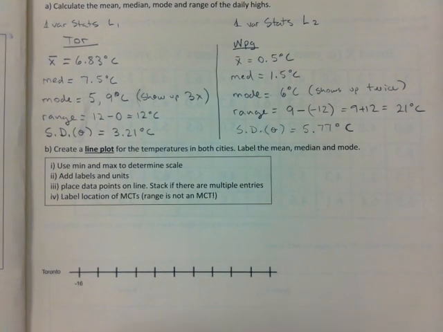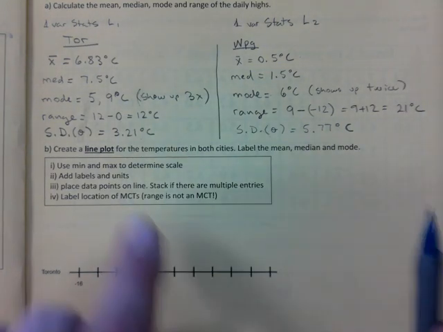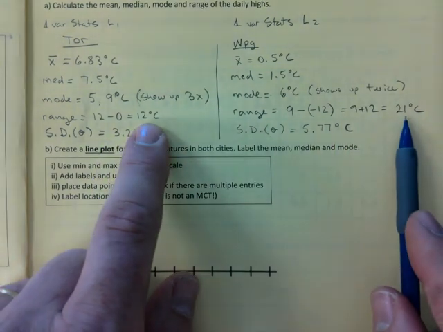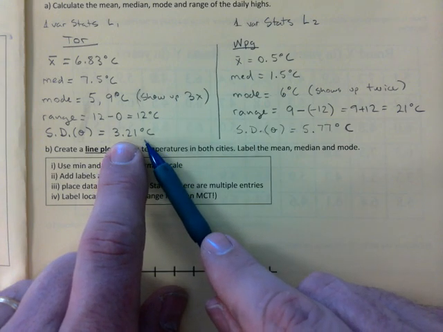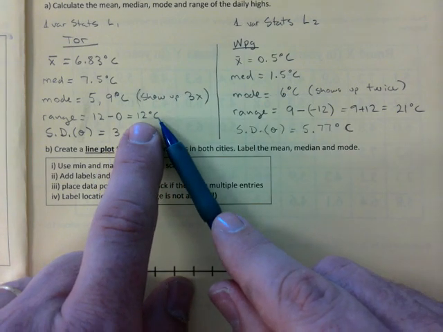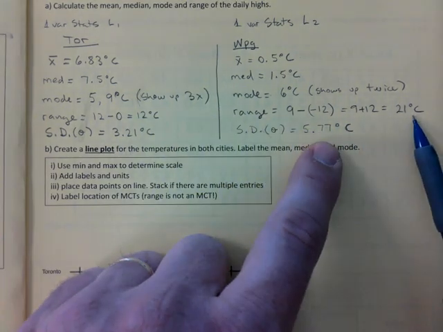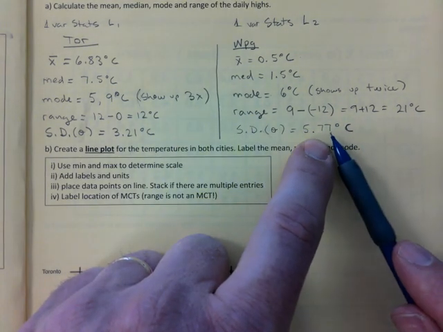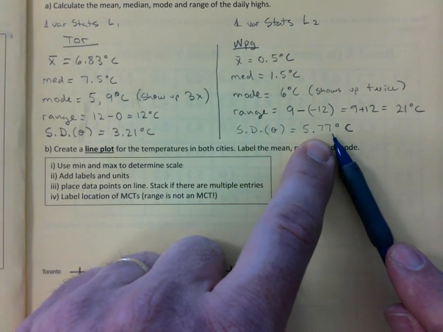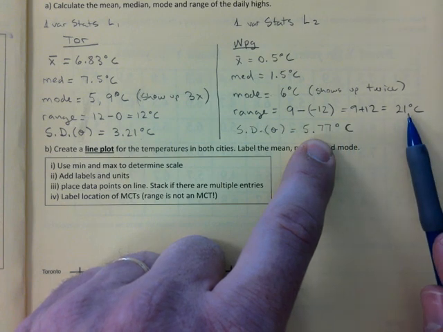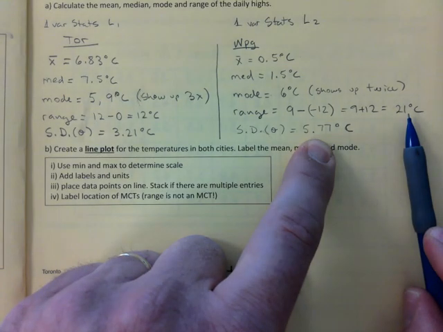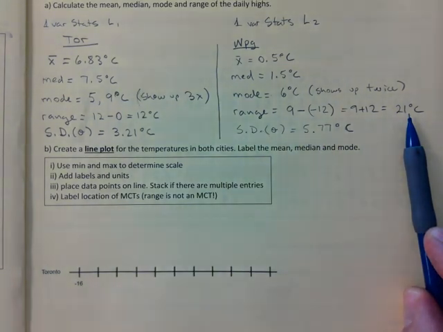Do you notice a relationship between the standard deviation and the resulting ranges, right? A lower standard deviation, we have a lower range compared to on the Winnipeg side, there's a higher standard deviation and therefore a higher range. I need you to see that. If you see that today, you're doing pretty good.